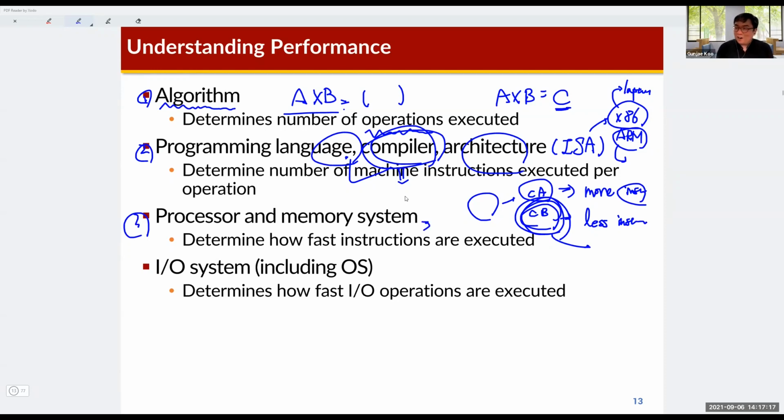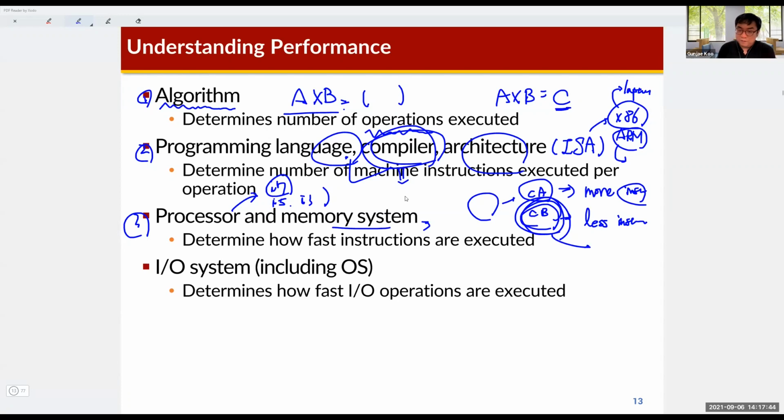These are hardware. We can apply the i7, i5, or i3 for our laptop. Which processor is faster? The i7 is the fastest CPU among these three CPUs. Right. So the processor, that is the hardware, also determines the performance.